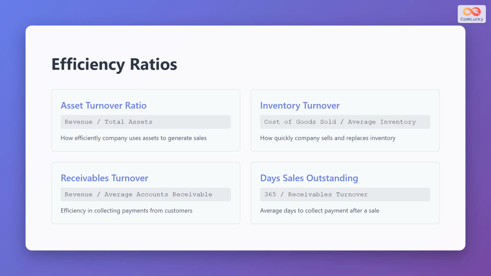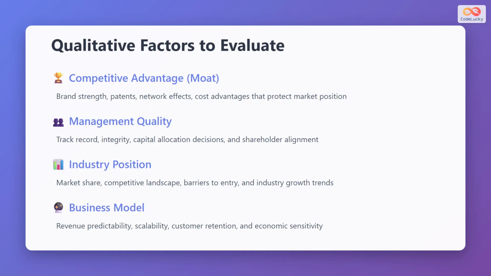Higher turnover generally indicates efficient inventory management. Receivables turnover is revenue divided by average accounts receivable, showing efficiency in collecting payments from customers. Days sales outstanding is 365 divided by receivables turnover, representing the average number of days it takes to collect payment after a sale.